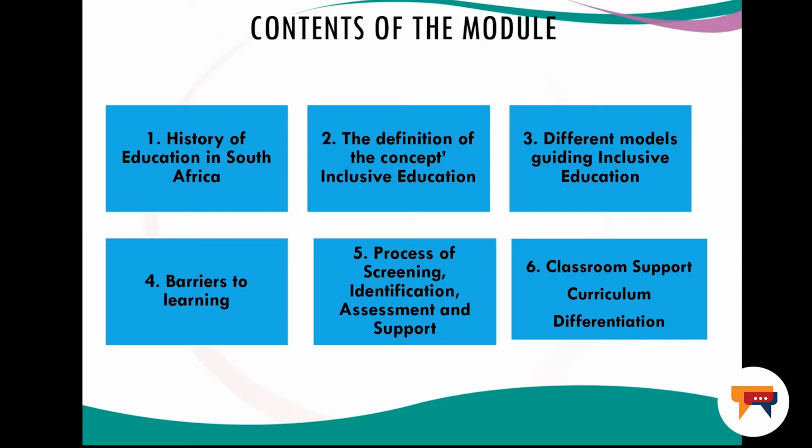The second theme: different models guiding inclusive education, such as Bronfenbrenner's ecosystemic model, the medical model, as well as the social model. It also includes barriers to learning, the process of screening, identification, assessment, and support, and the final theme discussed in the module is the concept of curriculum differentiation, which is the key strategy to meet diverse learning needs of learners in schools.